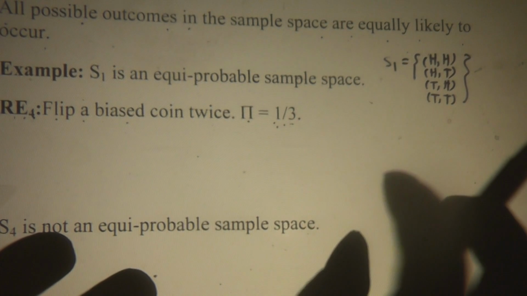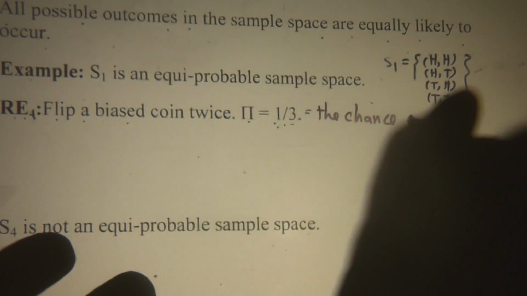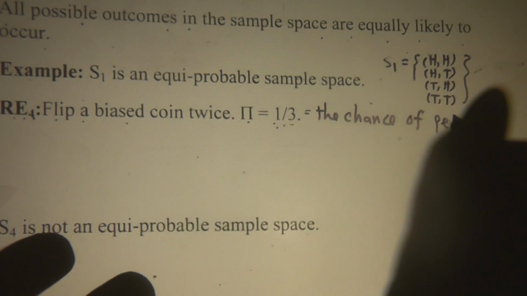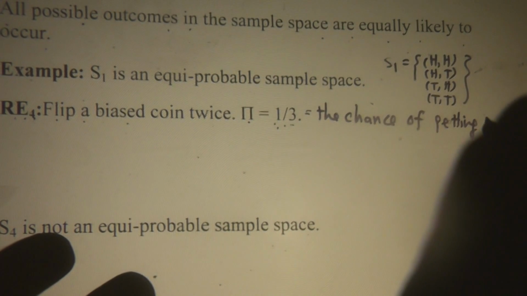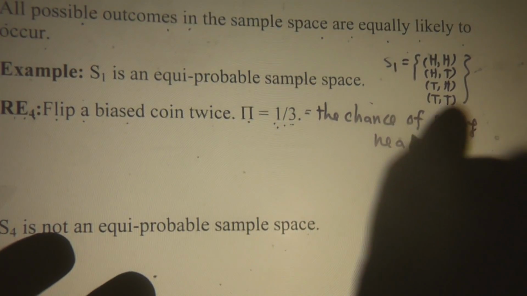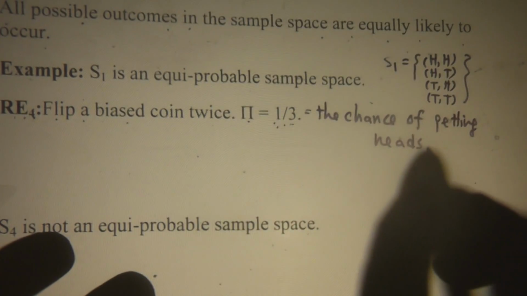The chance of getting heads is only 1/3. So what is sample space 4? Sample space 4 is head-head, head-tail, tail-head, tail-tail.